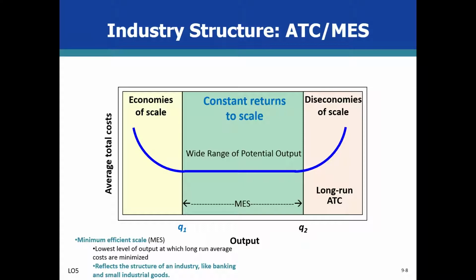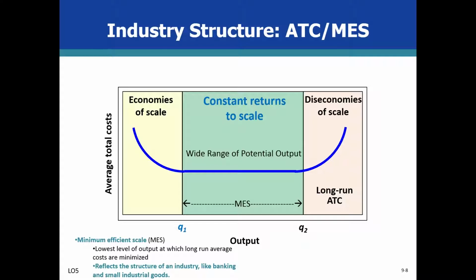In this particular case, the curve is much more shallow and probably reflects more real-world considerations, that there is a wider range of potential output and plant configuration where you actually get constant returns to scale rather than hitting that wall in diseconomies, okay, which kind of was implied from the previous graph.